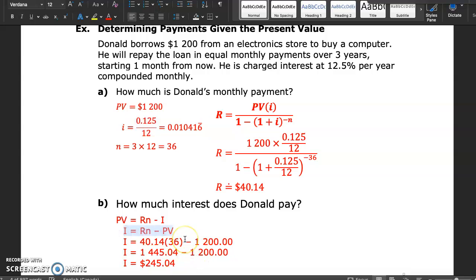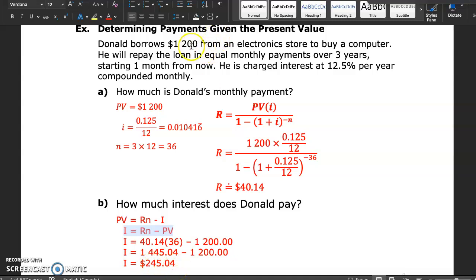Substituting in our values, our regular payment times the number of times that we made it, the total ends up being $1,445.04. The present value is $1,200, and when we take our difference, we end up with $245.04.